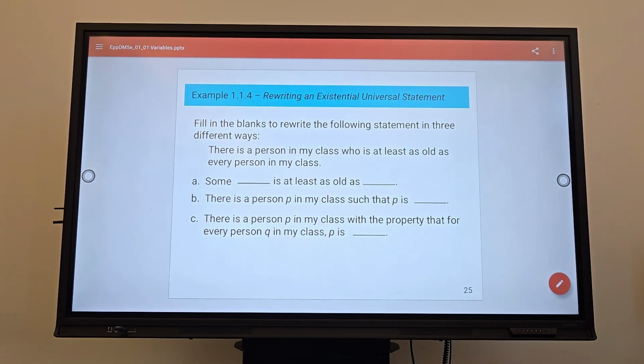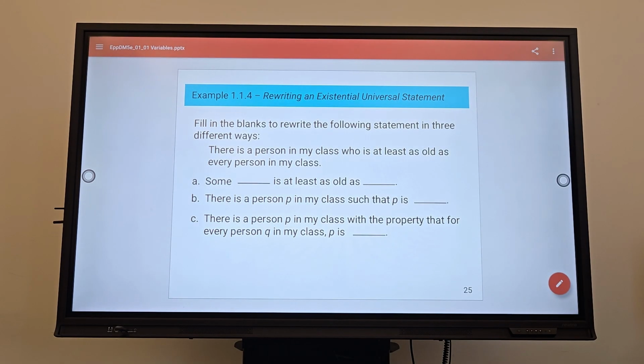Fill in the blanks. There's a person in my class who is at least as old as every person in my class. So some blank is at least as old as blank. Some person is at least as old as every other person.